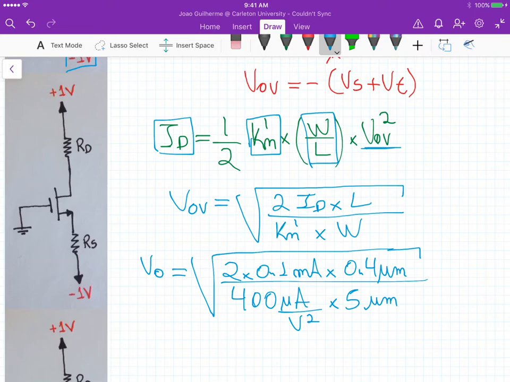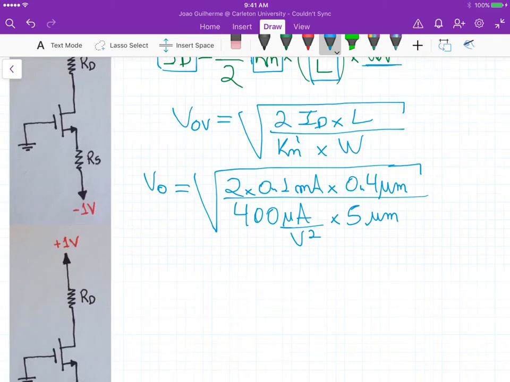Calculating, we get an overdrive voltage of 0.2 volts.